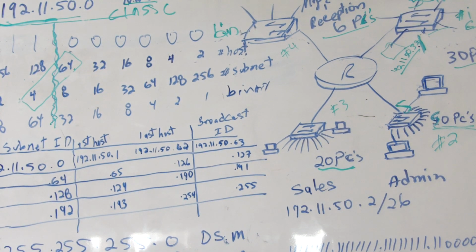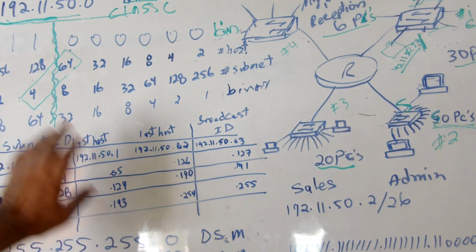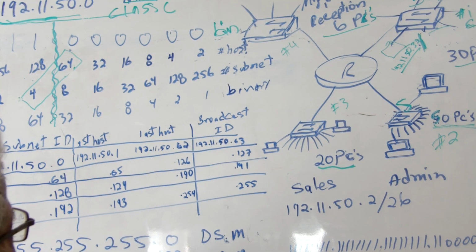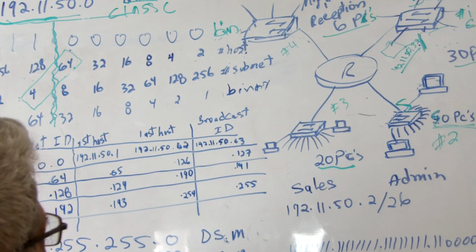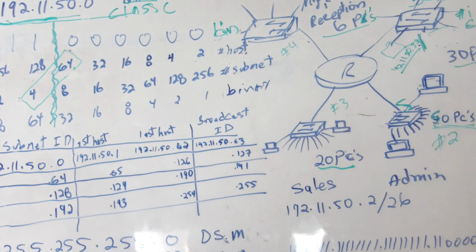But when we got to the subnetting, the custom subnet mask is different now, because we borrowed 2 bits.